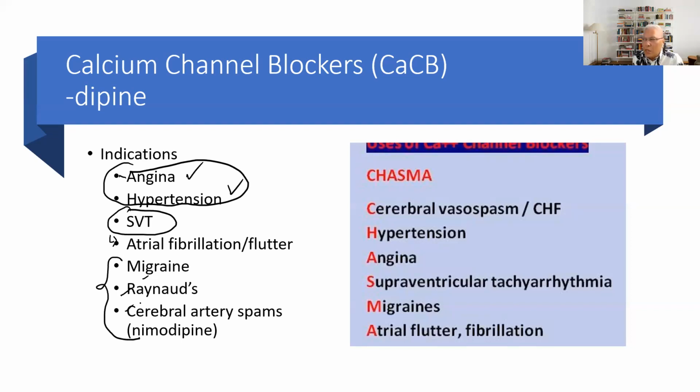So these are the things that calcium channel blockers are useful for. And they propose that you can remember the uses of calcium channel blockers by remembering CHASMA. CHASMA stands for cerebral vasospasm, hypertension, angina, supraventricular tachycardia, migraines, and atrial flutter and atrial fibrillation.